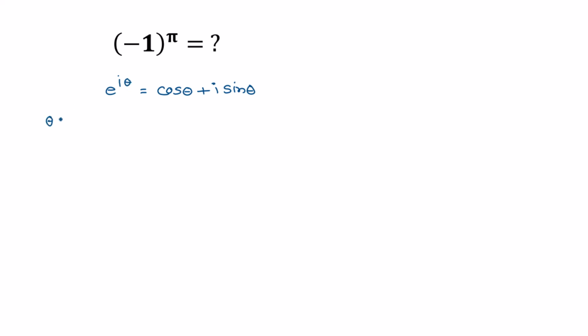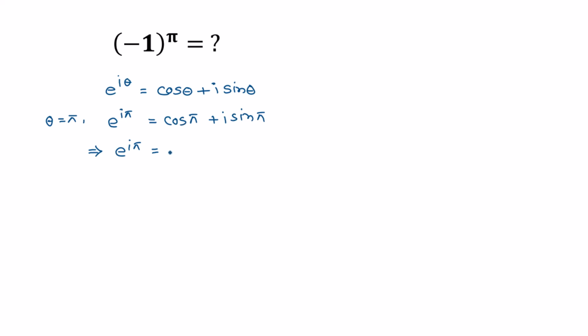So substituting theta equal to pi here, we will get e to the power i times pi is equal to cos of pi plus i sin of pi, or e to the power i pi is equal to the value of cos pi, which is -1.